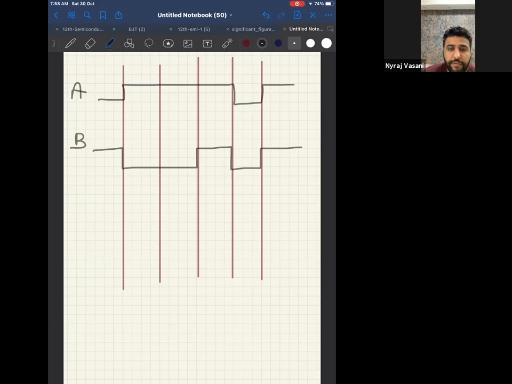These pulses are fed to a NOR gate. Get the output pulse.